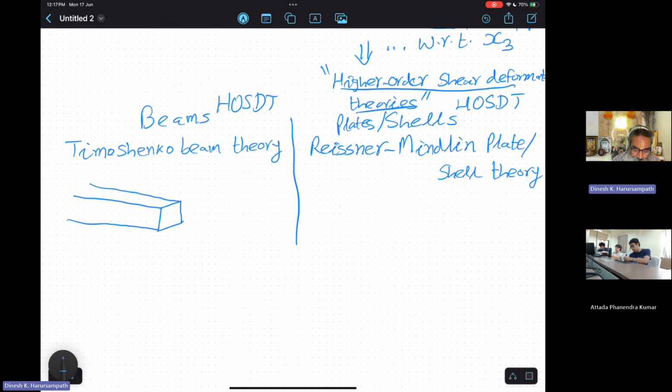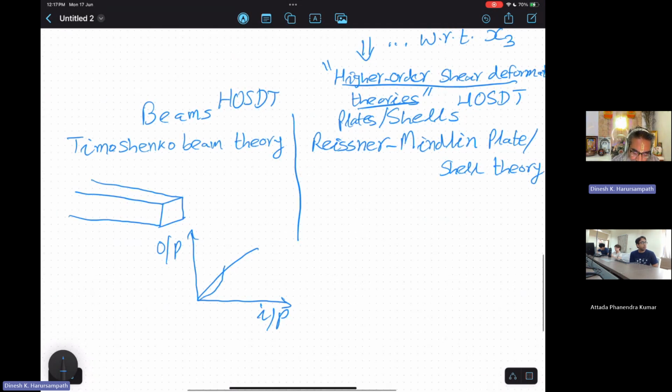You're saying that this is what I get from the experiment, some input variable to the output variable. The input variable could be some load that you have, let's say the bending moment or whatever, and the output could be a particular stress or a displacement or whatever. There'll be some curve that you get from the experiment, and you get something else from the theory.